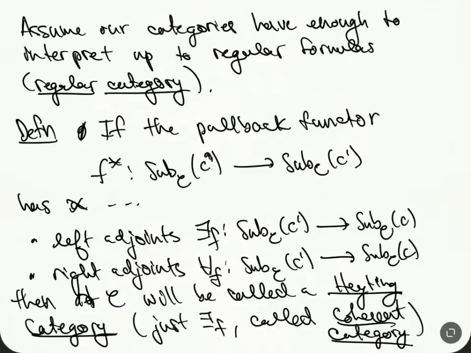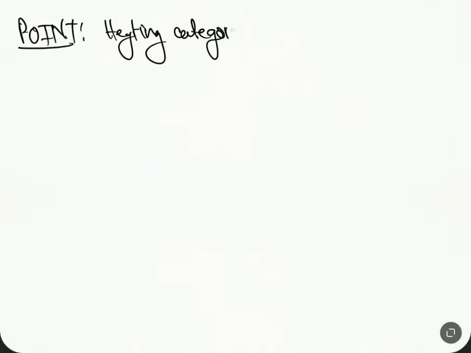Okay, and the point is Heyting categories will allow us to interpret all first order formulas.